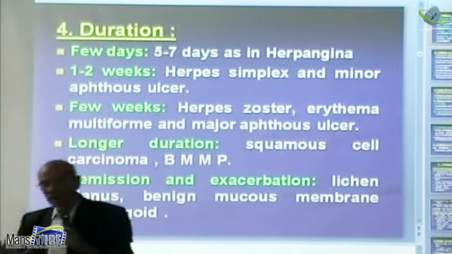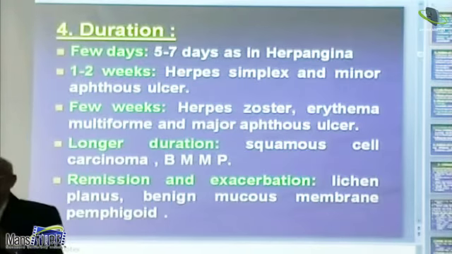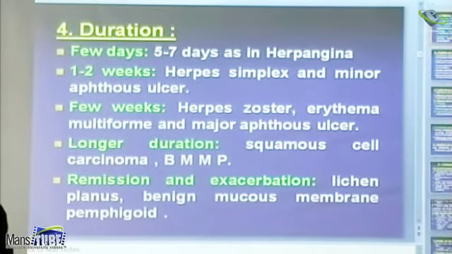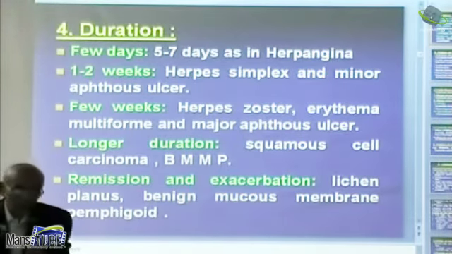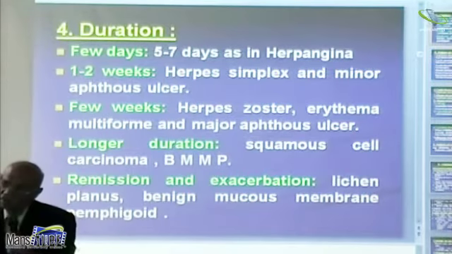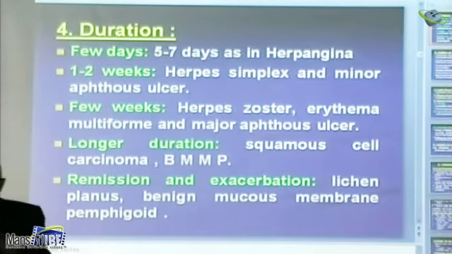And when he gets nervous and upset, the ulcer becomes very severe. Remissions and exacerbations. This is very useful for a dermatologist, remission and exacerbation. When I'm talking with my patient, before I see him clinically, I can say, okay, this case is something.